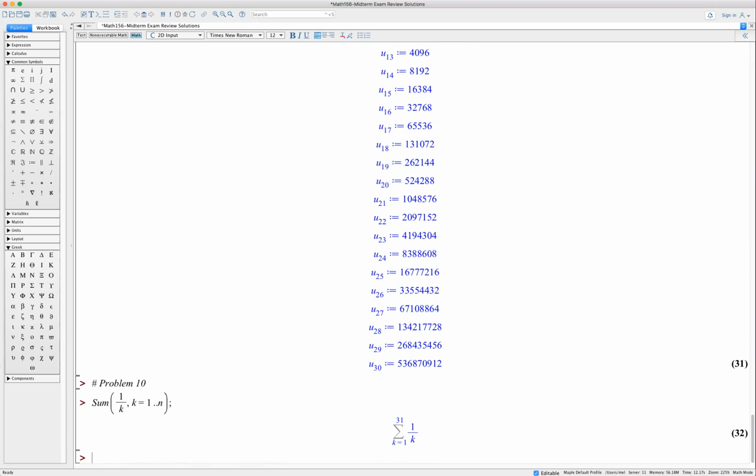It thinks n is 31 from the last problem, so let me erase everything from the memory. There we are. Let me give this thing a name. Let me call this a function s of n.